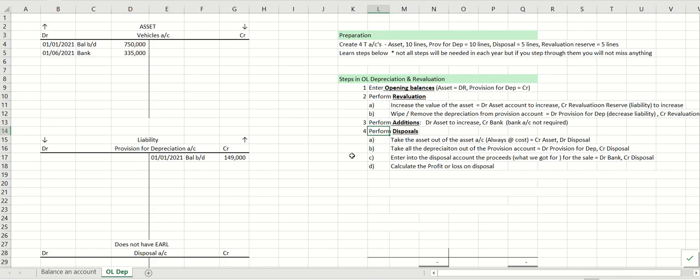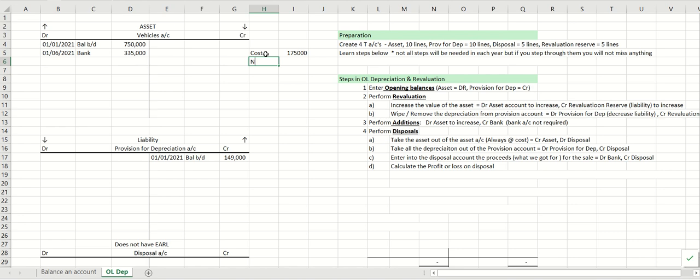Okay, so we're going to have to do a little working here on this one just to figure out what was the depreciation on it. So the cost of our asset was 175,000.